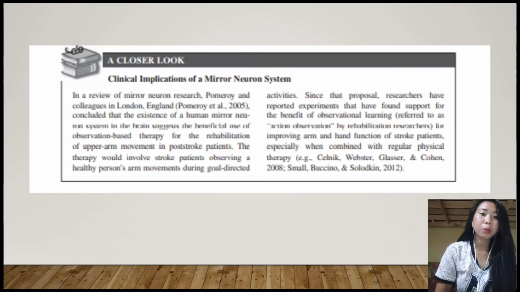The therapy would involve stroke patients observing a healthy person's arm movements during goal-directed activities. Since that proposal, researchers have reported experiments that have found support for the benefits of observational learning, referred to as action observation by rehabilitation researchers, for improving arm and hand function of stroke patients, especially when combined with regular physical therapy.